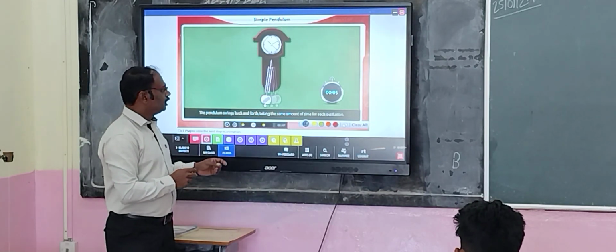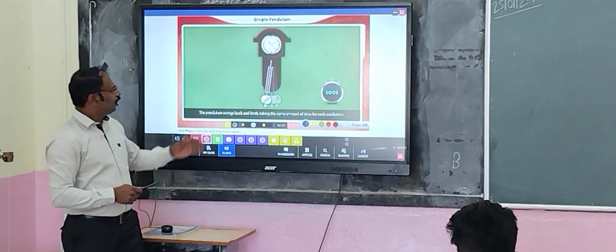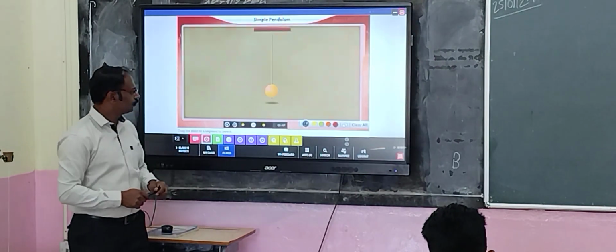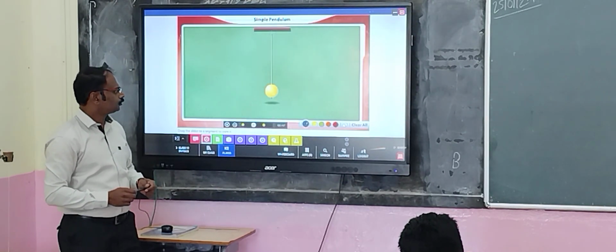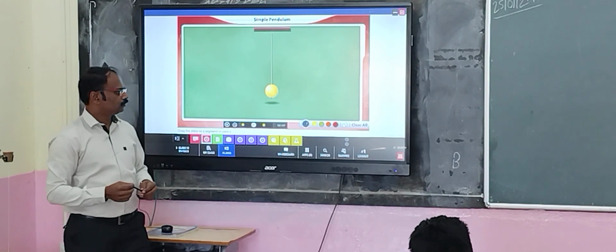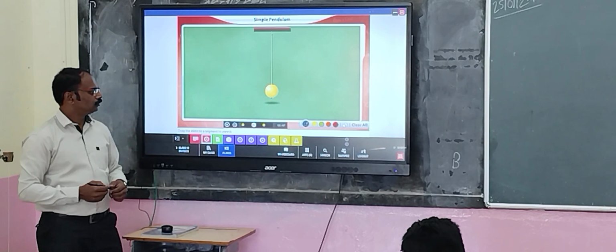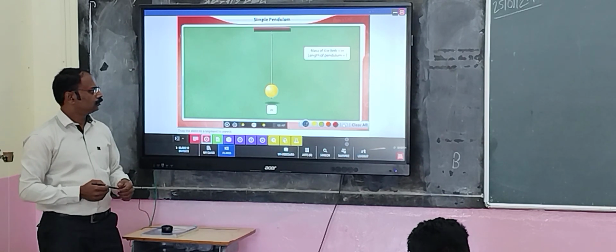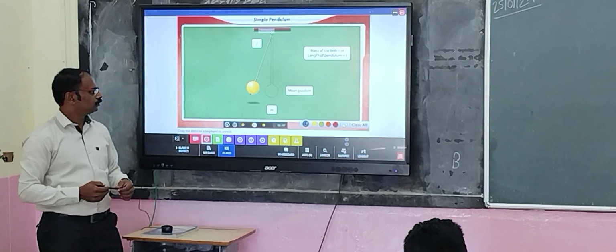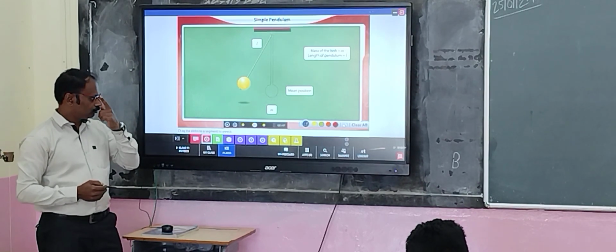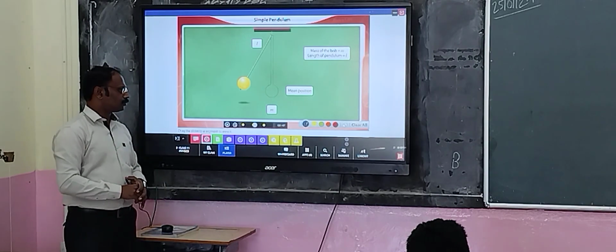Now we are going to derive an expression for the time period of a simple pendulum. A simple pendulum consists of a ball of mass m suspended from the end of a massless, unstretchable string of length L. When the ball is displaced from the mean position and released, it starts oscillating about its mean position.